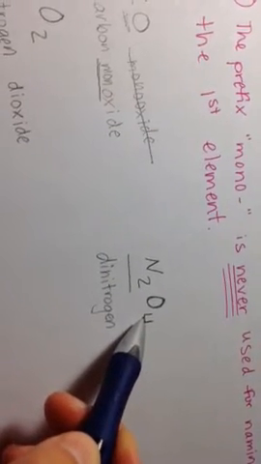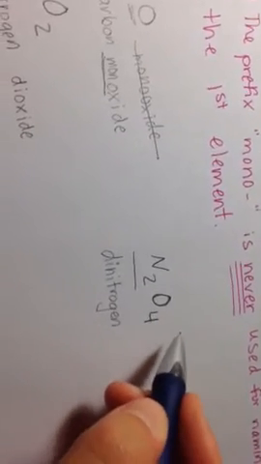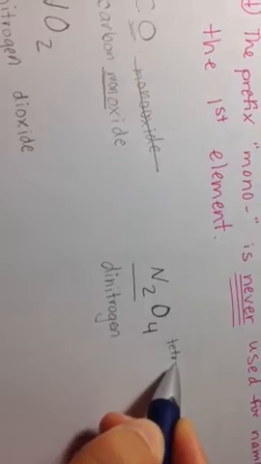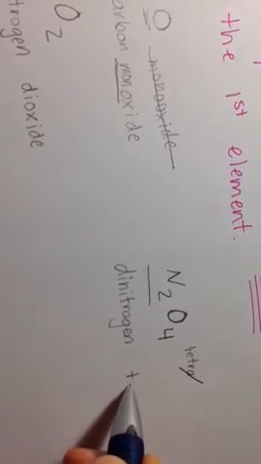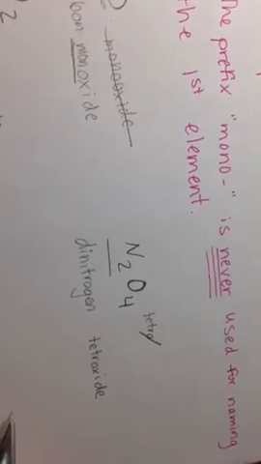So we want to pick the prefix that corresponds with four, which is tetra. But again, like before with monoxide, we're going to drop that A because it fits a little better since oxygen starts with the vowel O. So this will become tetroxide instead of tetraoxide. Dinitrogen tetroxide.